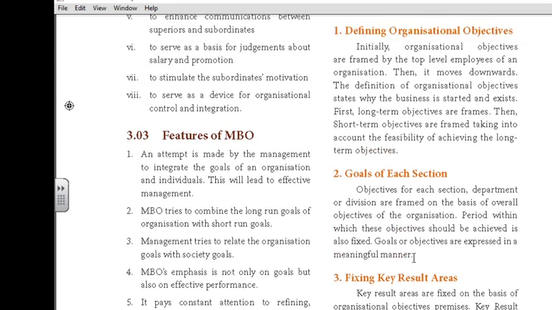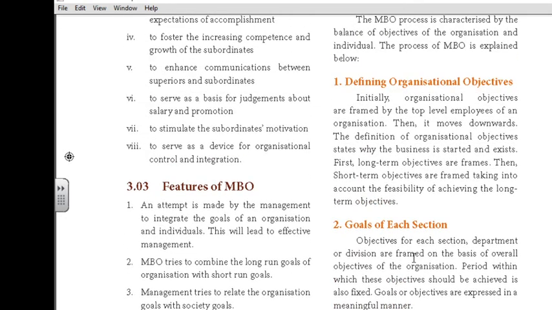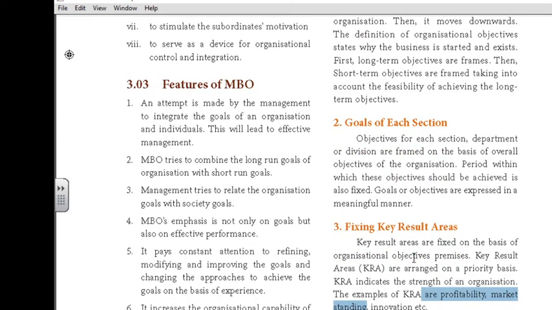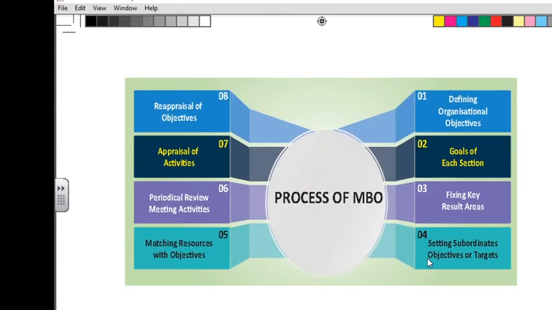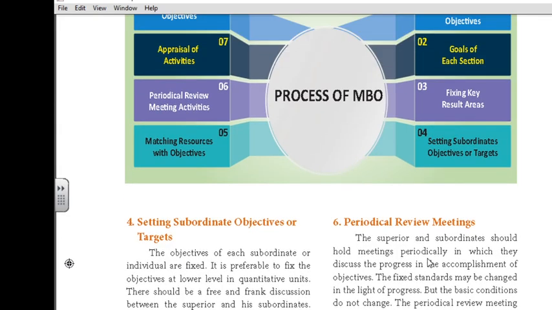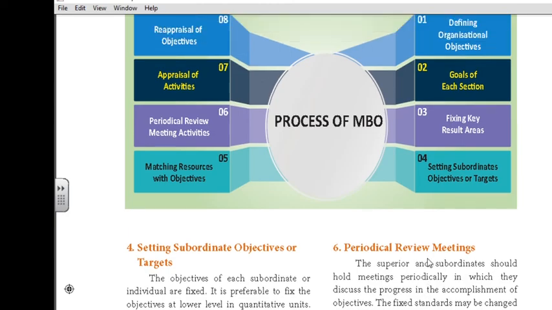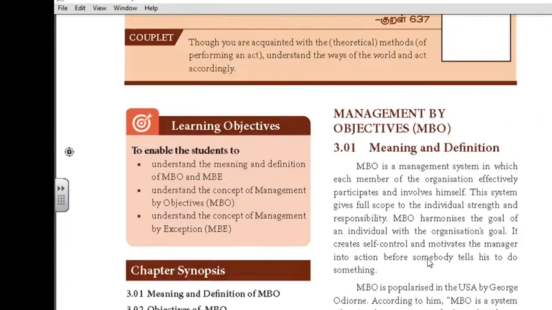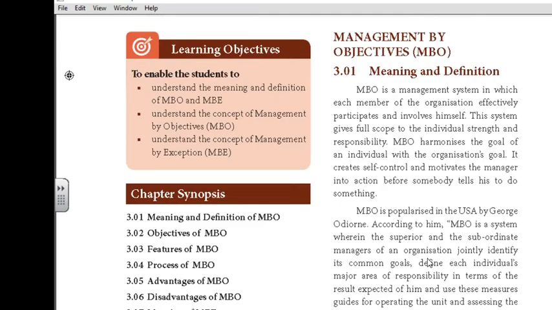So we have seen three points: defining goals, goals for each section, and fixing the key result area. The remaining points can be seen in the next session. I think you are clear about the MBO process. First we saw the meaning and definitions, given by two persons, George and Reading.